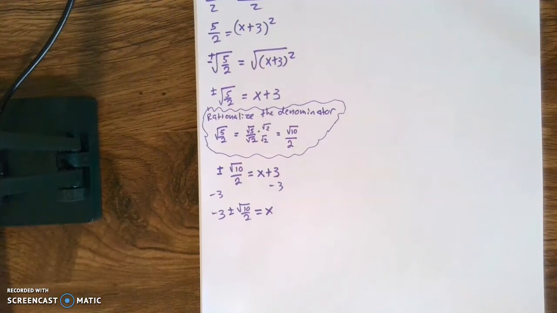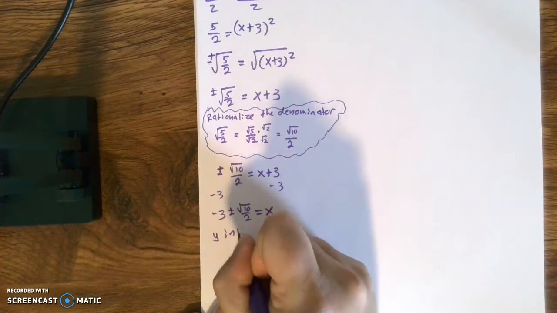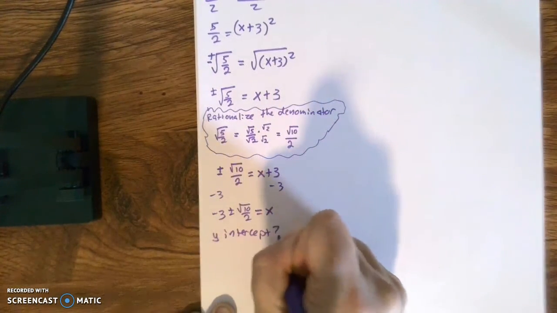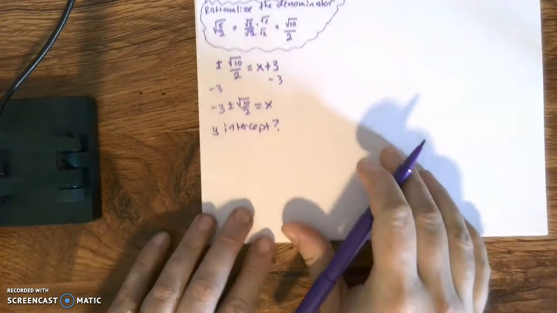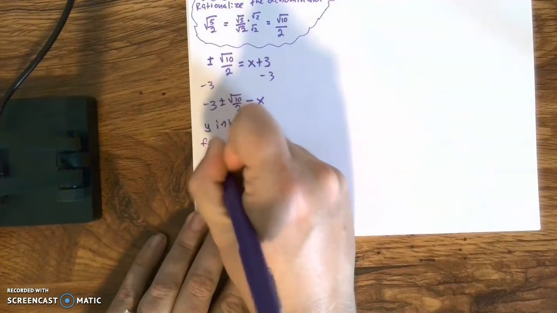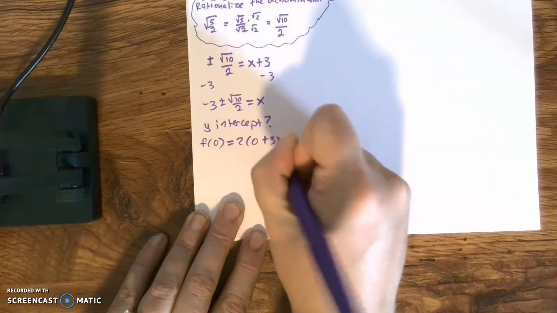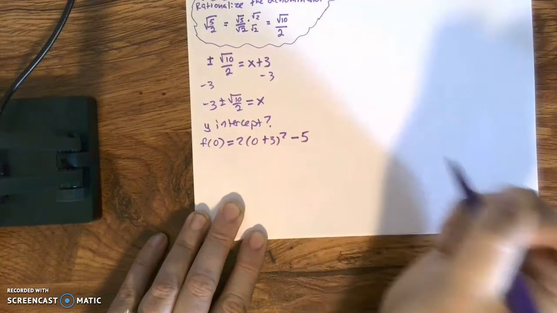Okay. They also wanted to know the y-intercept. What we're going to do is replace x with 0. So f of 0 is 2 times 0 plus 3 squared minus 5.